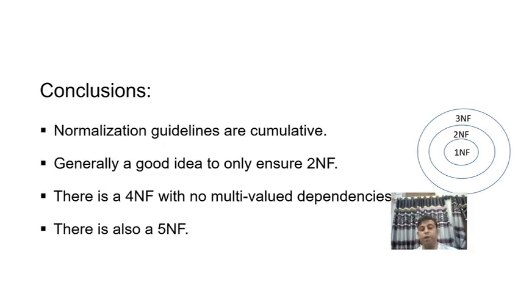There is a 4NF with no multi-valued dependency. Obviously there are different levels of normalization. In 4NF there is a constraint that there must not be multi-valued dependency, and after 4NF there is 5NF.